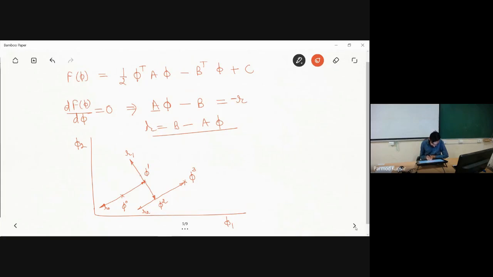For example, R0 and R1 I have drawn as perpendicular. Then R1 and R2 once again perpendicular. So the directions of residual between consecutive iterations I have drawn as perpendicular. Why? Because their dot product is becoming equal to 0.